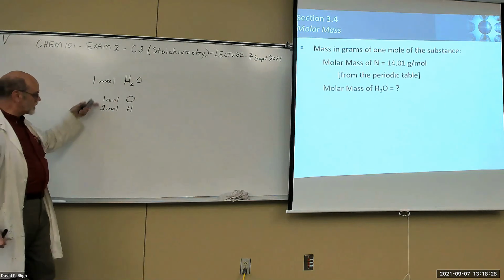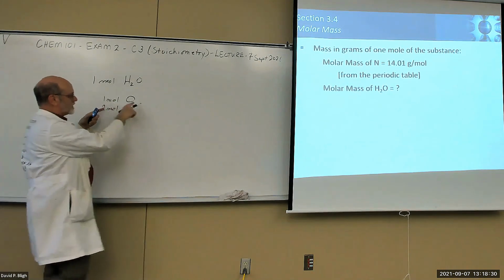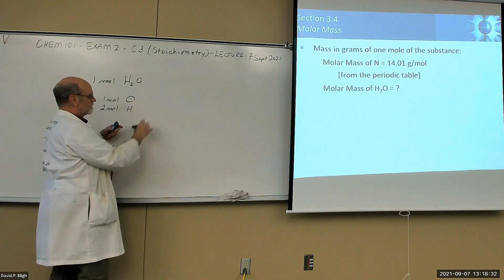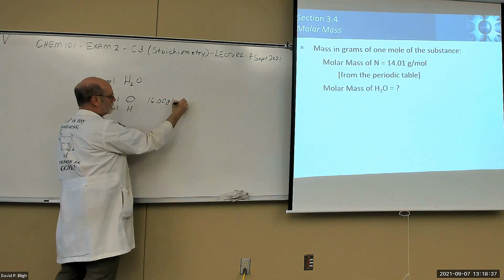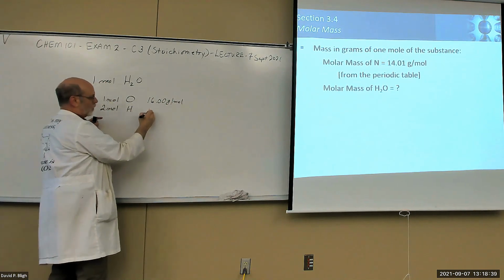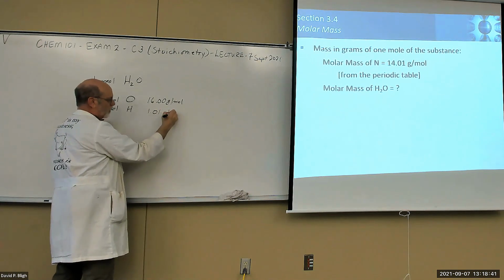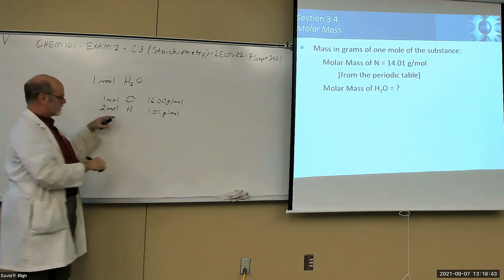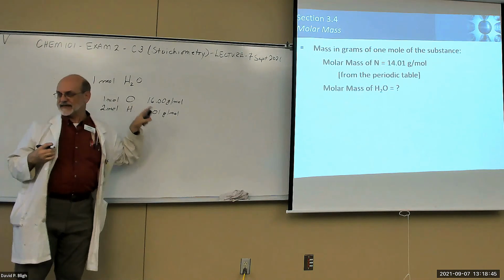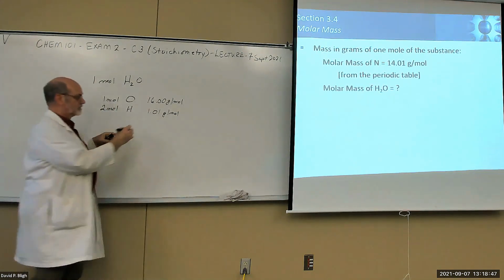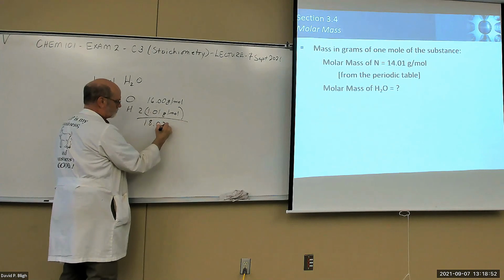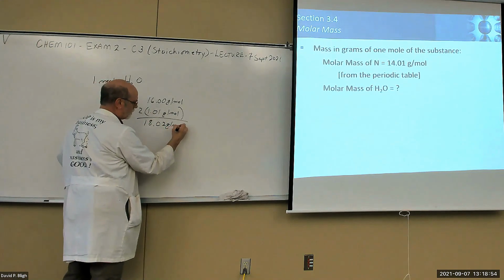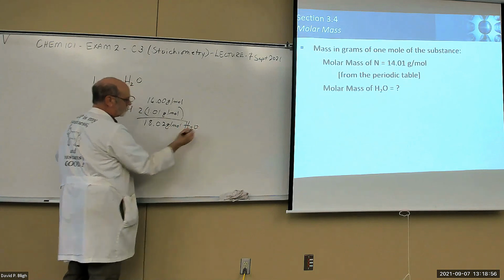So now that you know each one of those, all you need is 1 times, what's the value for oxygen? Well, it's 16.00 grams per mole. How about hydrogen? 1.01 grams per mole. So this would be 2.02 plus 16 is 18.02 grams per mole of water.